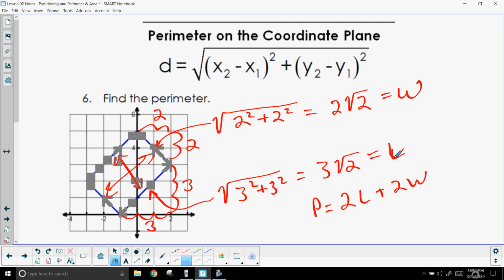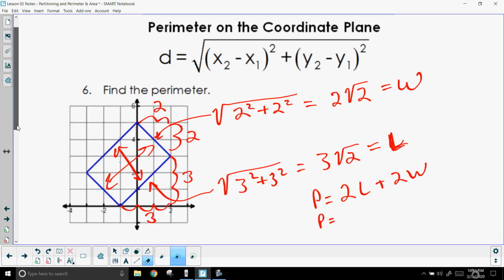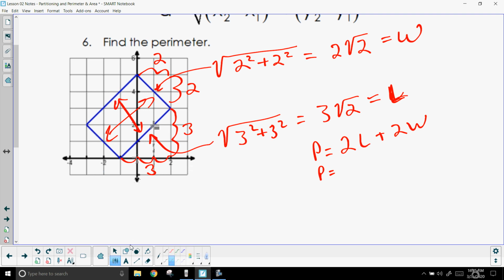So, P equals 2, 3 root 2 plus 2, 2 root 2.